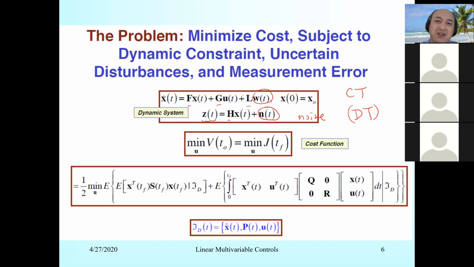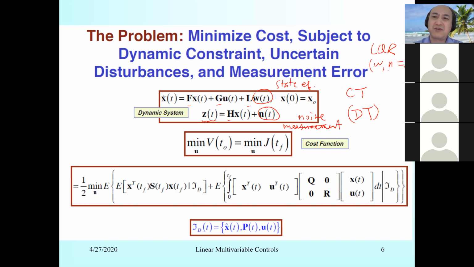So it's called state noise and output noise: in the state equation and in the output equation you also have a measurement noise. This is more realistic. Remember in LQR we don't have this W and N; they are zero.